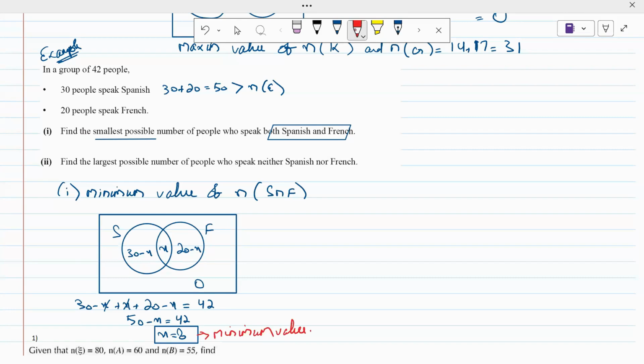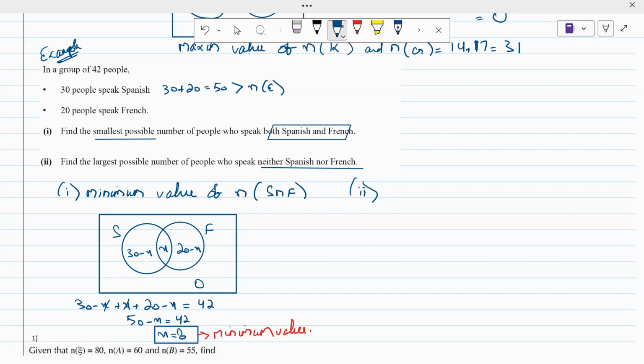Minimum value or the least value, the smallest value. You can also expect different synonyms there. Part 2. Largest possible number who speak neither Spanish nor French.